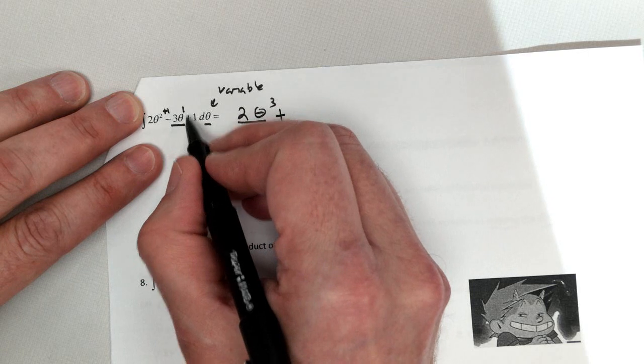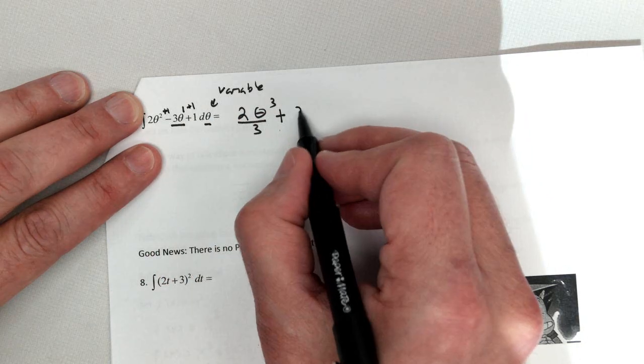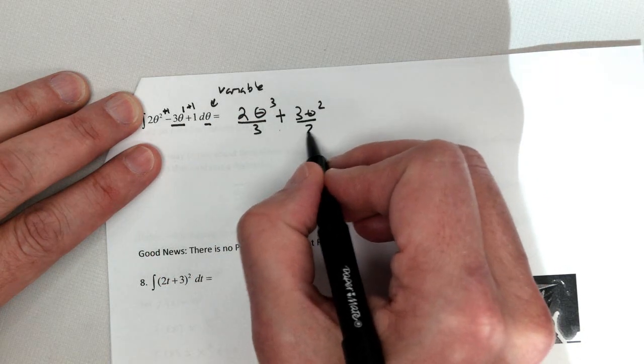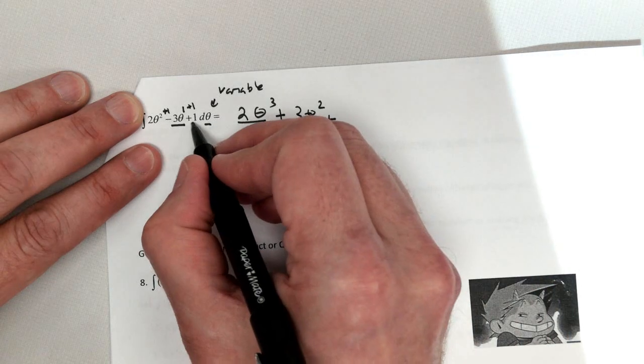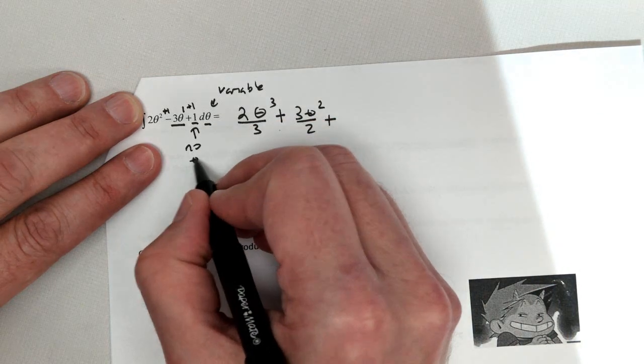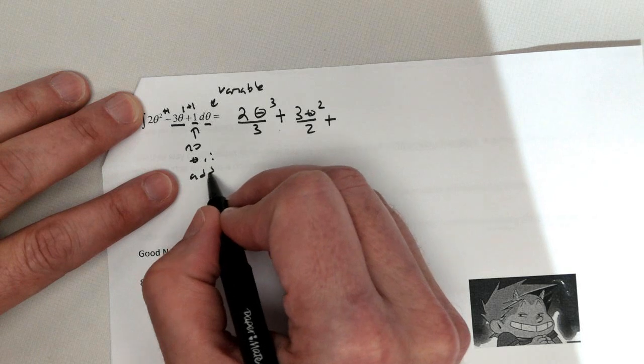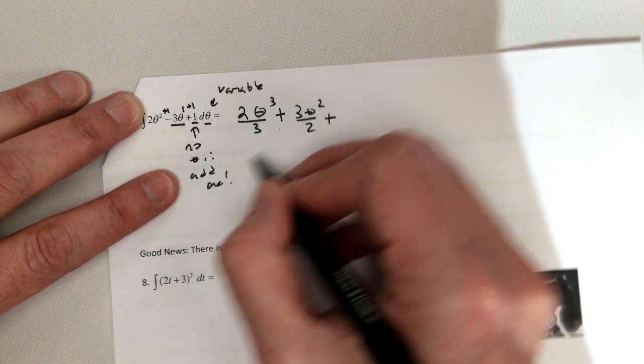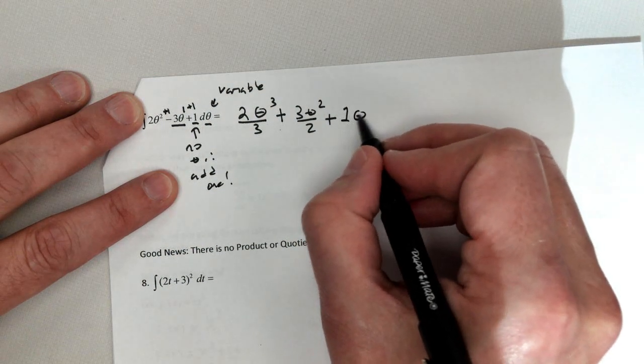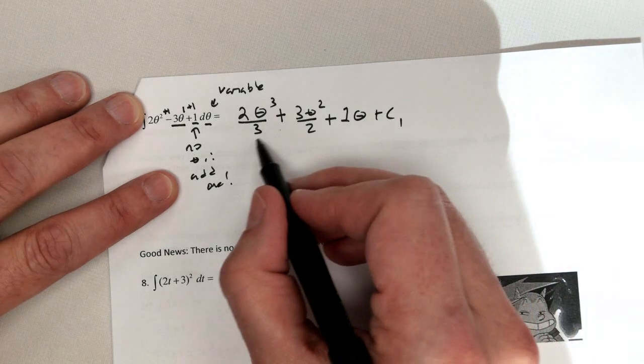This is, remember, there's a 1 there, so plus 1. So this becomes 3 theta squared over 2 plus, now remember, this 1, there is no theta. Therefore, we just add 1 to it. So this just becomes plus 1 theta plus your constant of integration.